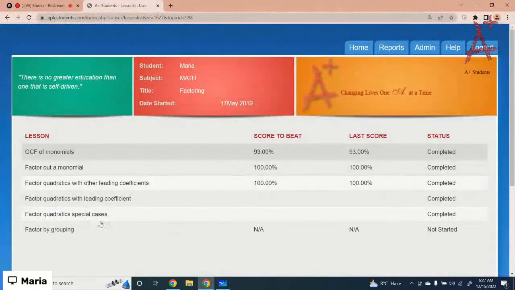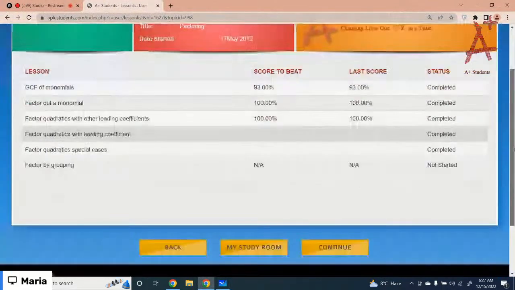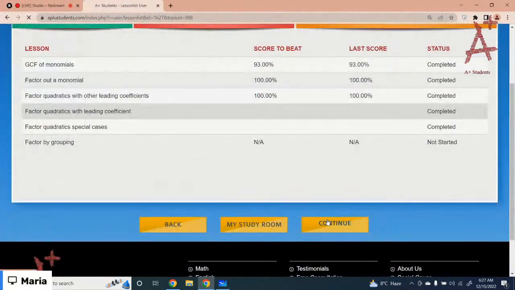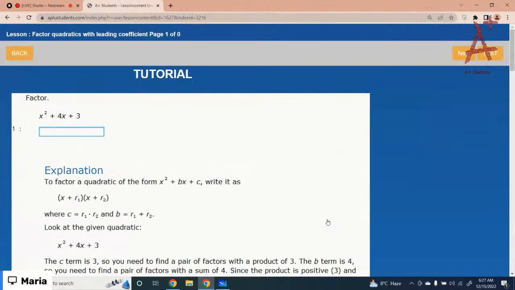Let's start with the lesson, factor quadratics with leading coefficients. Okay, x square plus 4x plus 3.